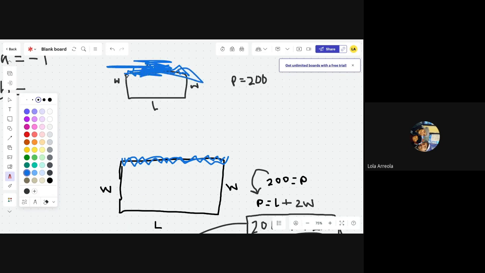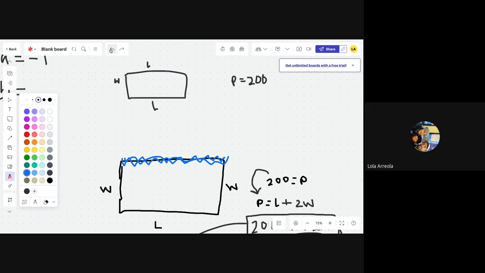But we still have to worry about fencing here, and fencing here. So what am I left with? 2W plus L is going to be equal to the yards that I'm going to use up. I want to use up all 200 yards, so I'm just going to focus on using up those 200 yards for this side, and this side, and not worry about this side. That side doesn't need fencing because there's a river there.